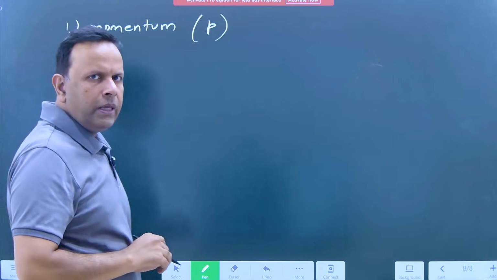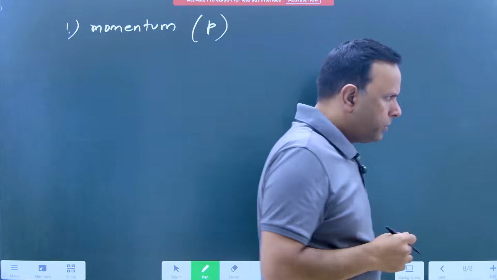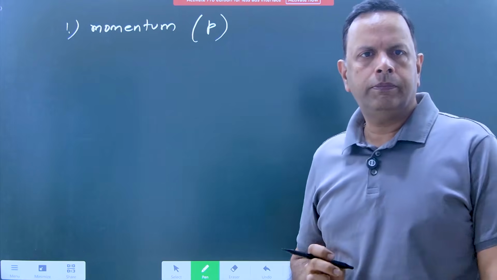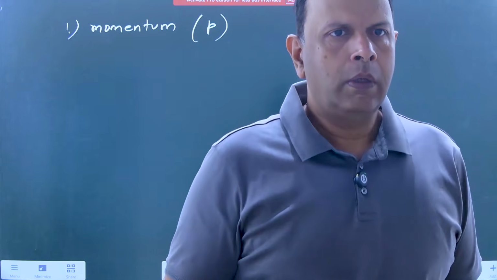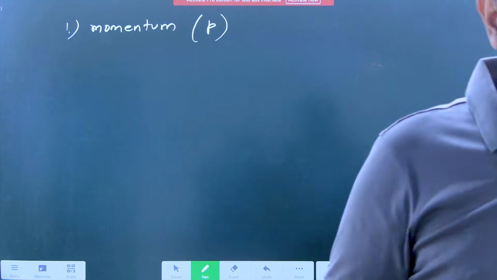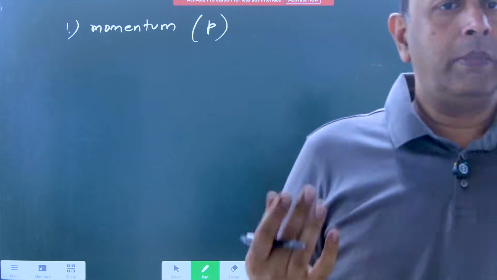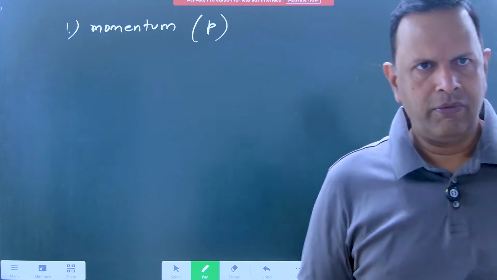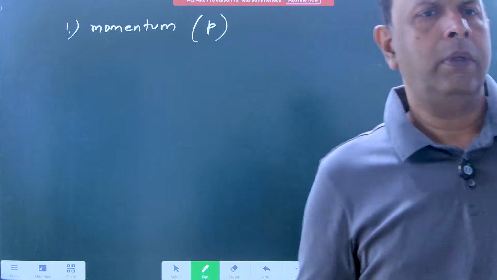Symbol is P. So what should be the dimensional formula of the momentum? Yes, Teju, I am speaking the principle of homogeneity. Correct, very well understood.